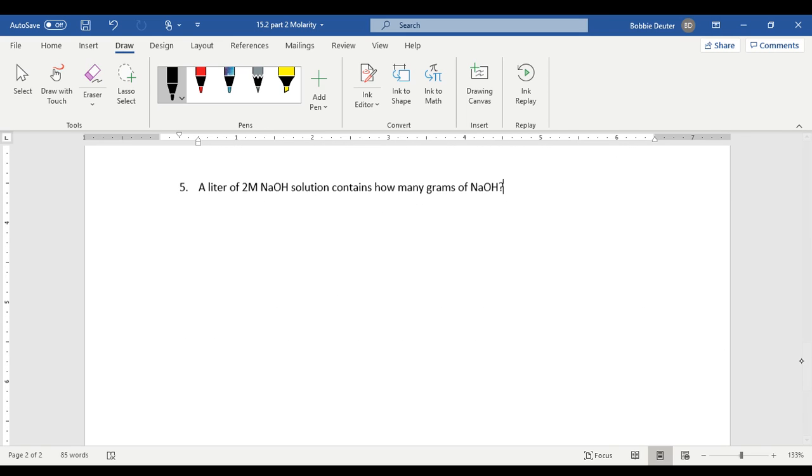Let's do one more of these. So we're given 2 moles of NaOH, a solution that we've used a lot of, a strong little base. We want to know how many grams we have if we have 2 moles in 1 liter of solution. Well, this would give us 2 moles of NaOH.